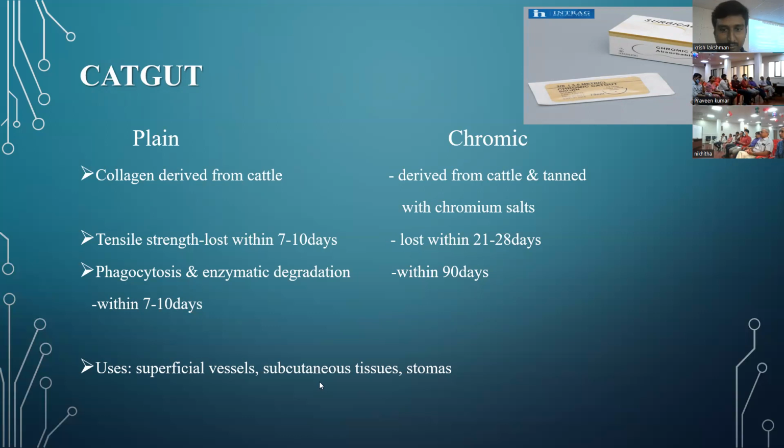In clinical practice, where do you use it? Have you ever used catgut in surgery? No, sir. Have you used catgut anywhere where you wanted to follow up at the earliest?